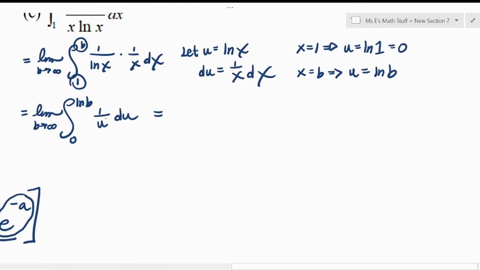So now let's do the antiderivative of that. We'd be left with the limit as b approaches infinity of the natural log of the absolute value of u, also known as the natural log of b, minus natural log of your lower bound, which would be 0.